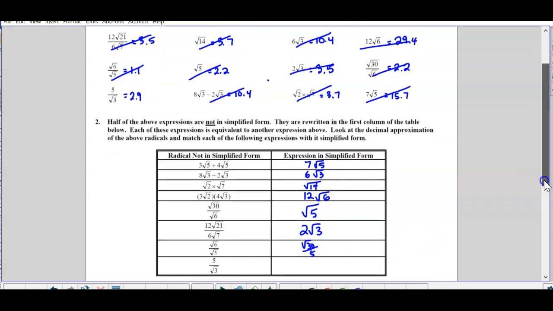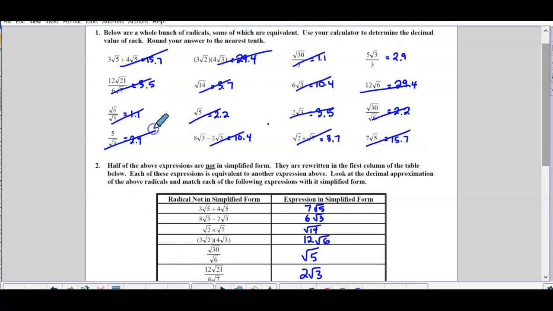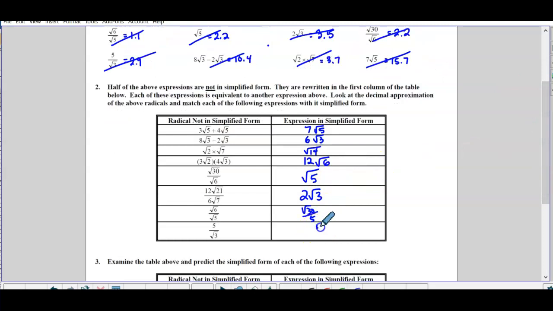And then 5 over root 3 is 2.9. That's the same as 5 root 3 over 3. Okay, so these are not simplified, these are simplified.